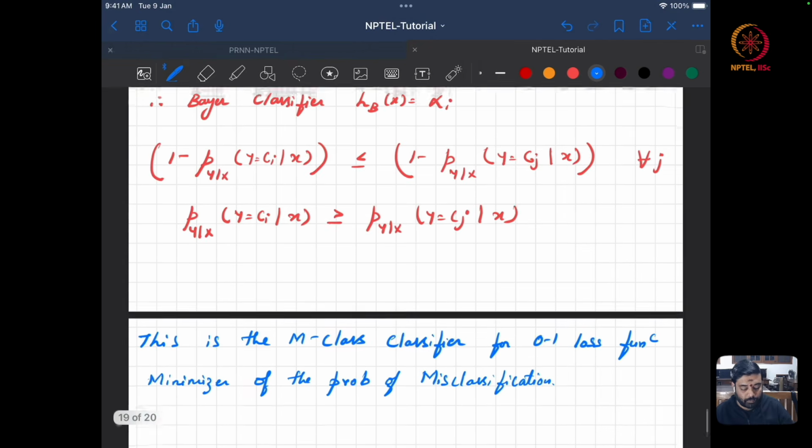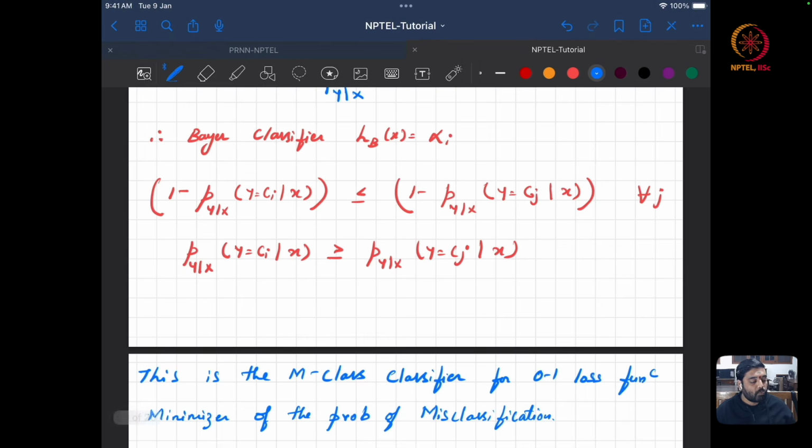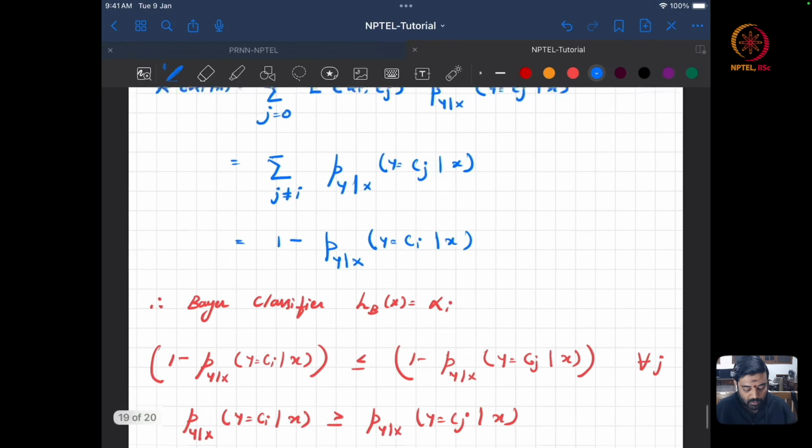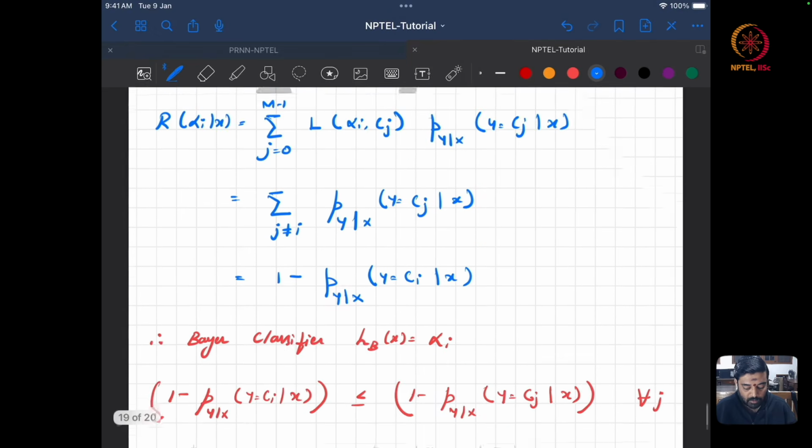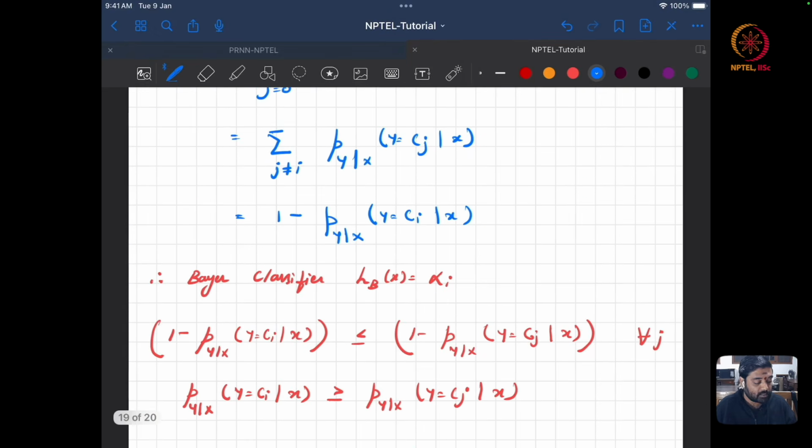Okay. Now that means that for whichever class we have got the highest probability, that is the label that I'm going ahead with. Okay. Now this is the thing that was left as a small takeaway in the class.